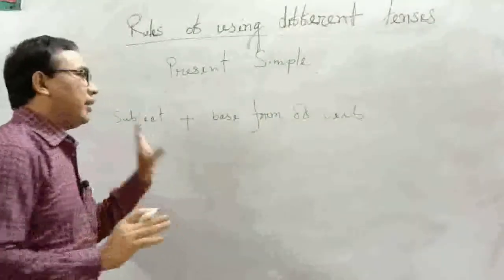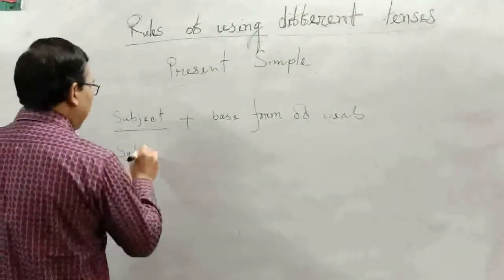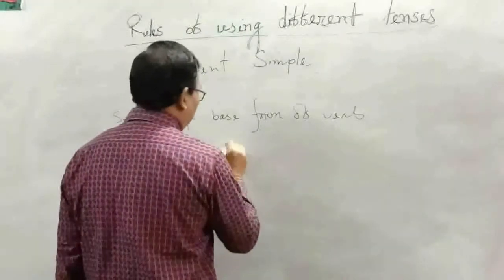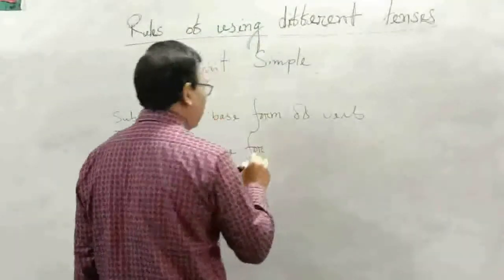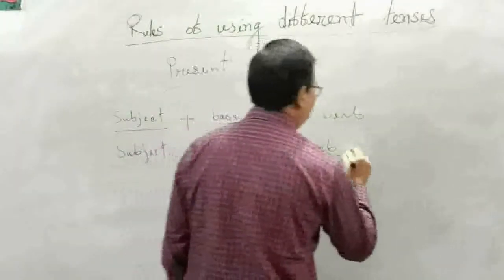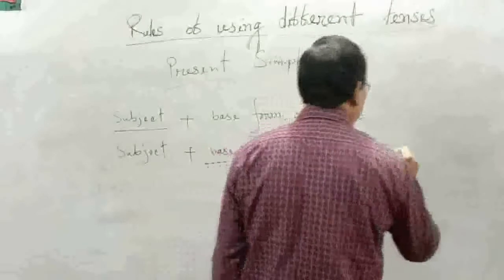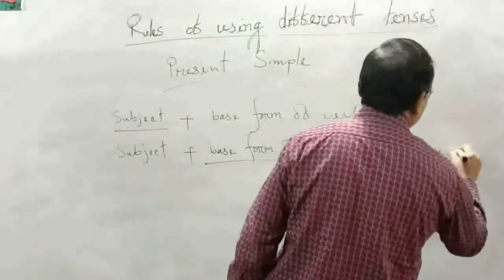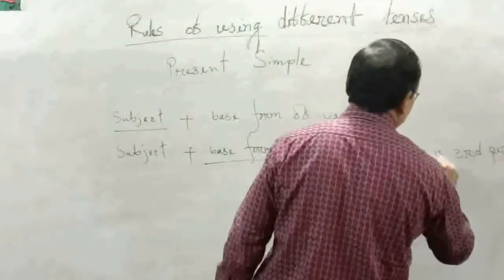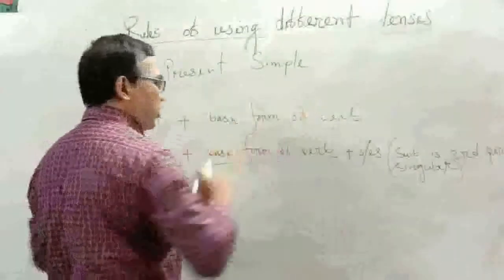If the subject is third person singular number, then the structure is subject plus base form of verb plus s or es.